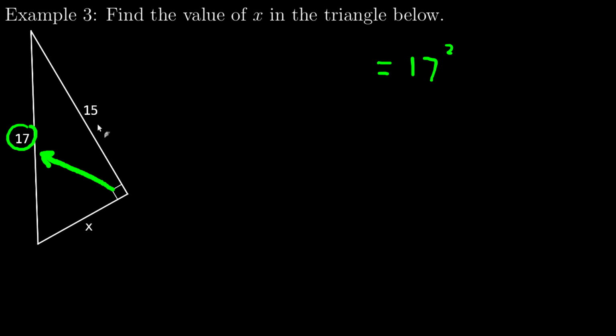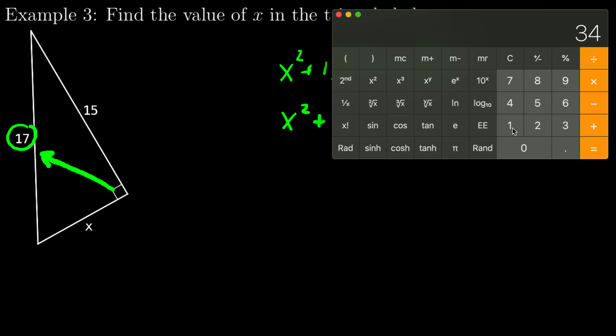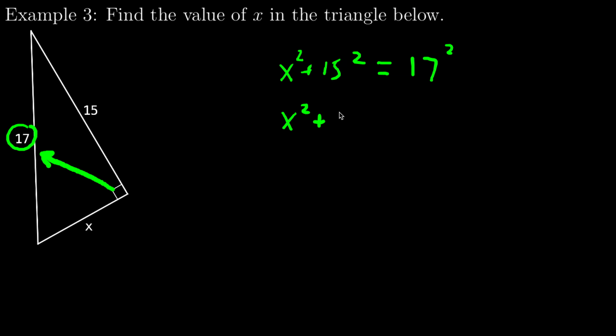For a and b, it doesn't matter what order, I could do x squared plus 15 squared or 15 squared plus x squared. And now I need to solve this, so x squared I'll just bring down. 15 squared, you may know it, or you can go to the calculator, do 15 times 15, and get 225.